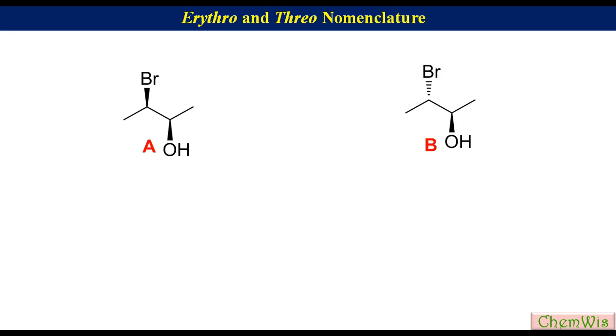Now let's have two examples A and B to find whether they are erythro or threo. Till now, whatever we have learned about erythro and threo isomers, molecules were represented by Fischer projection. We know that in a Fischer projection formula, molecules are in eclipsed conformation.